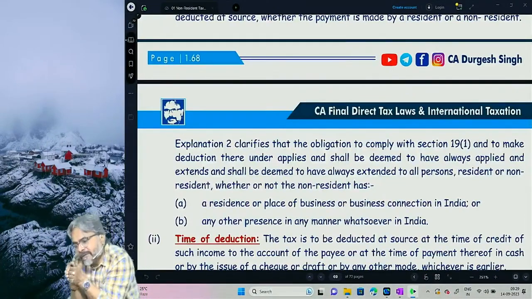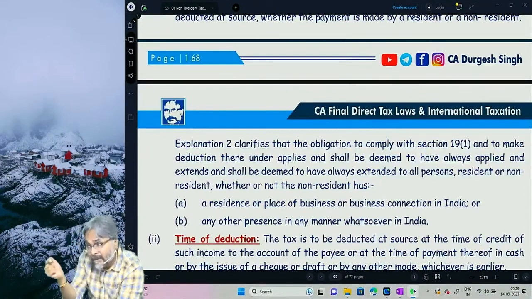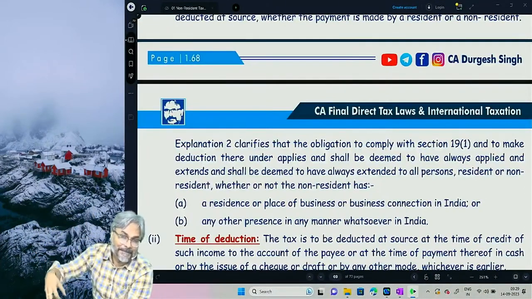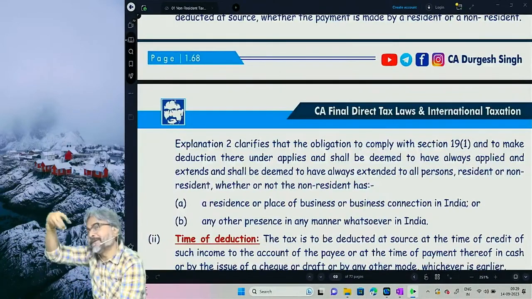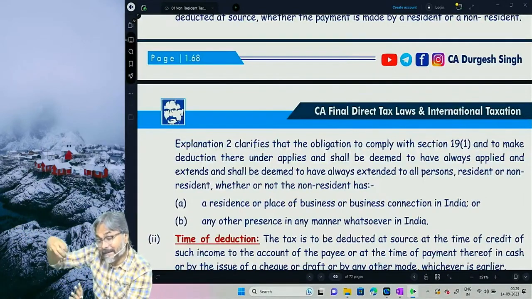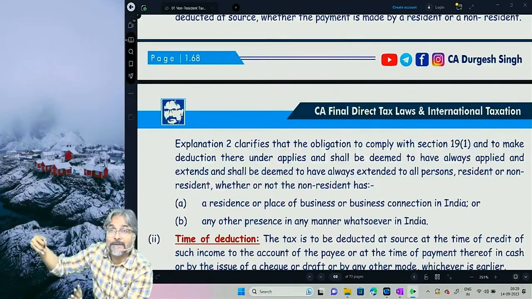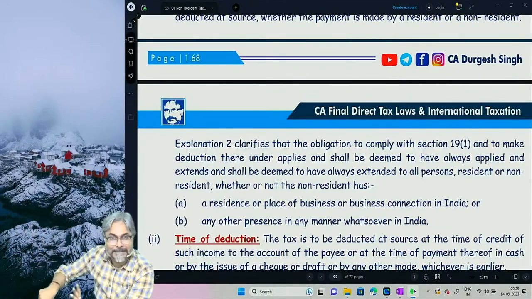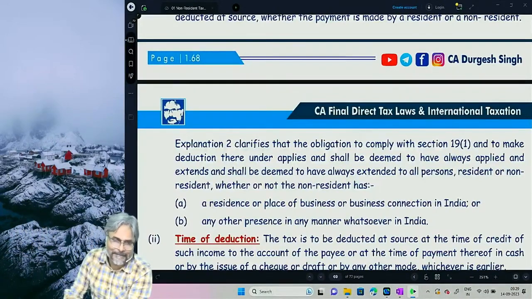Once you have graduated with this 9(1)(i), the second limb, which we will do tomorrow, would be the business connection. Thereafter, the third limb would be: income is deemed to accrue in India if it is in relation to transfer of a capital asset situated in India.